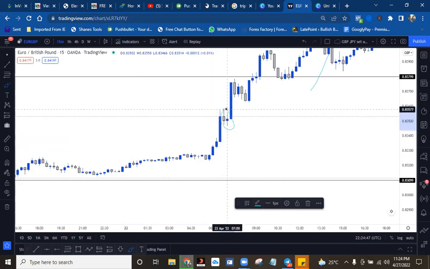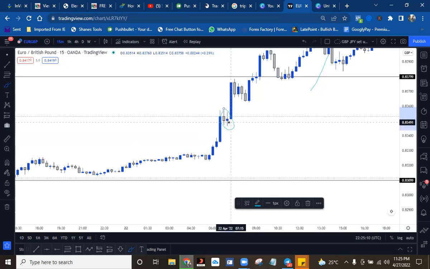So as the pattern formed, your mindset is kind of telling you, hey, the bears have entered. That's where you may want to wait for the double candlestick confirmation. Now we can see clearly that the second candlestick that formed was not in strength. It was also an indecision again.